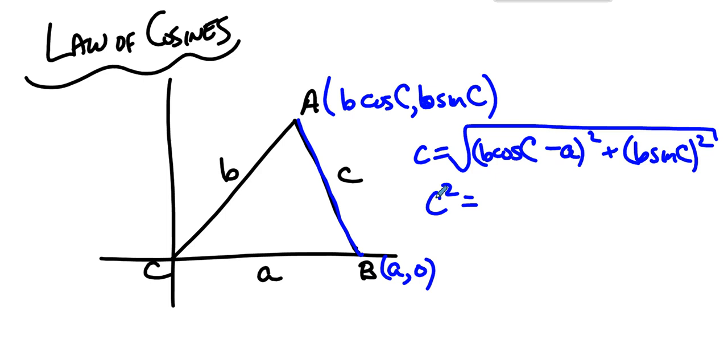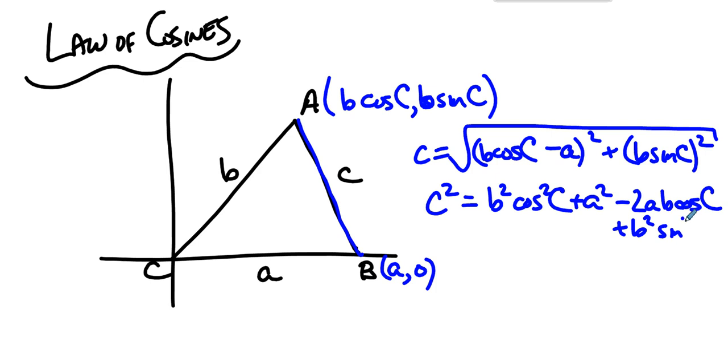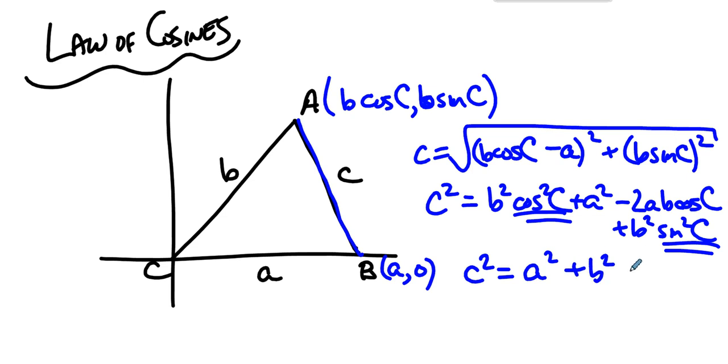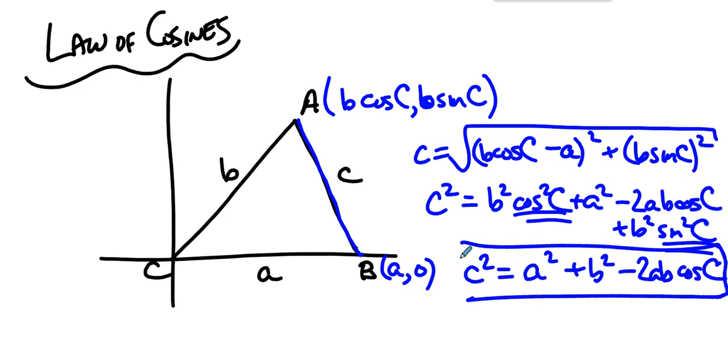Clean up the brackets. b squared cosine squared C plus a squared minus 2ab cosine C. And then this term gives us a b squared sine squared C. I think we know where this is going, right? That's a squared. Cosine squared C plus sine squared C is 1. And then you get exactly what you want. That's the law of cosines.